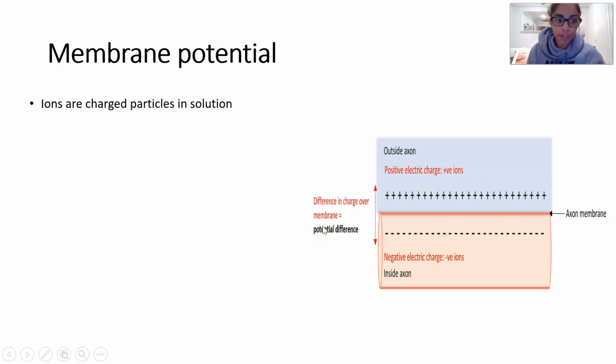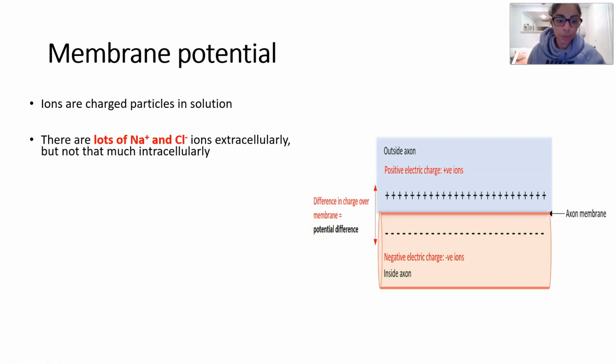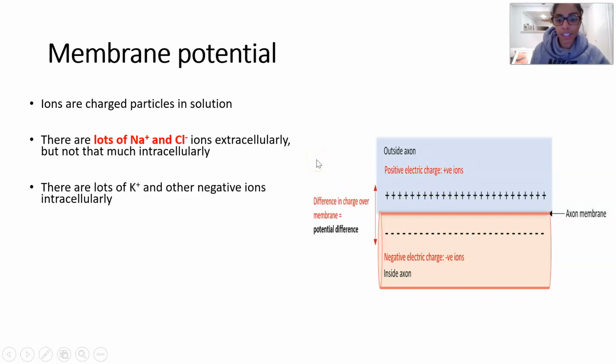So if you remember, ions are charged particles in solution. We should note that there are a significant number of sodium and chloride ions outside of the nerve membrane, but there isn't very much inside. As a result of that, we have an overall positive charge outside the axon and an overall negative charge inside.